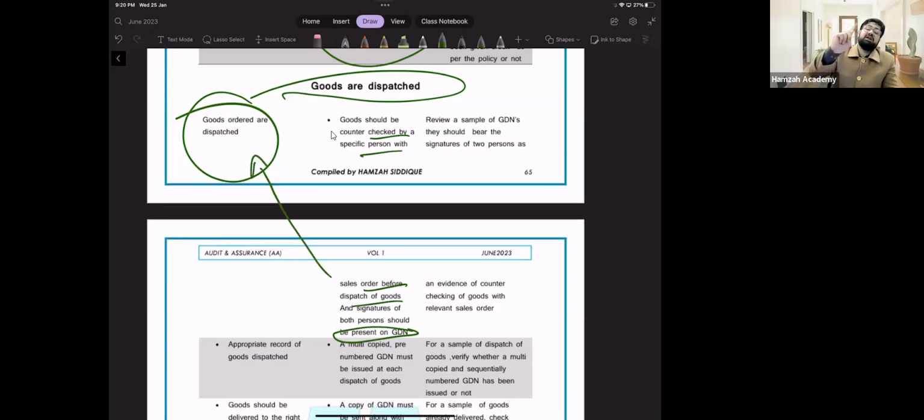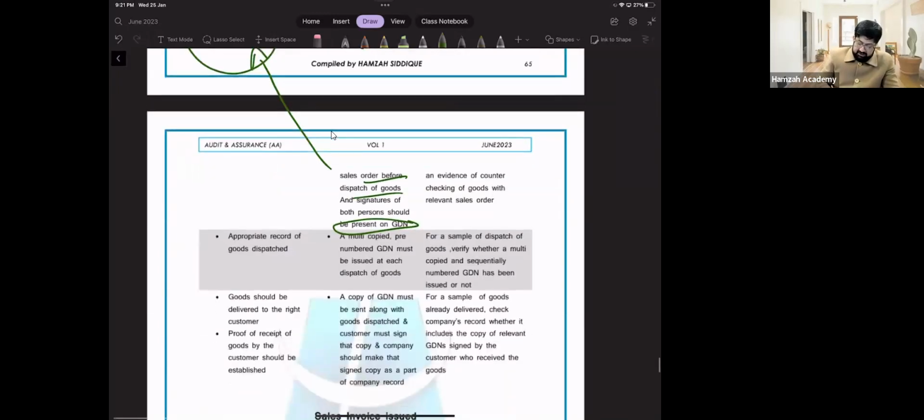This linkage is very important, which I'm trying to emphasize again and again. Now, the next point is appropriate record of the goods dispatch.